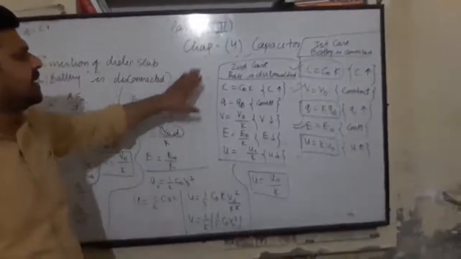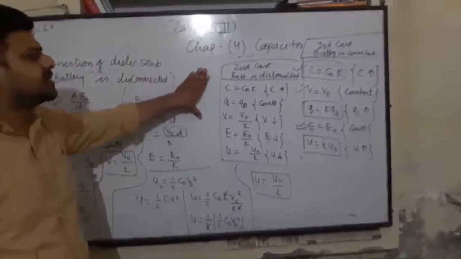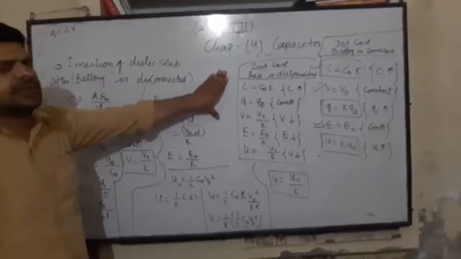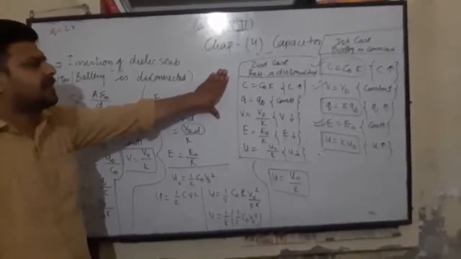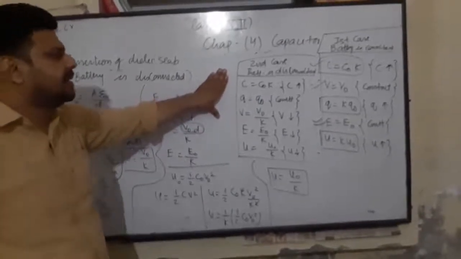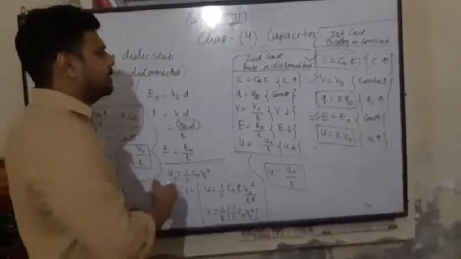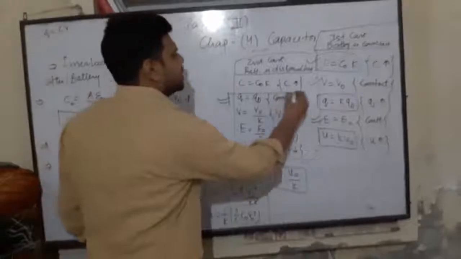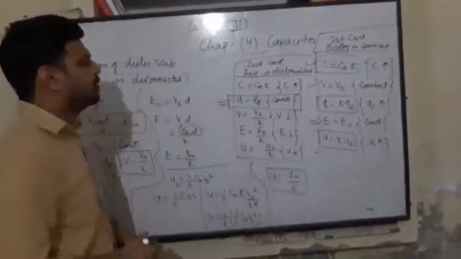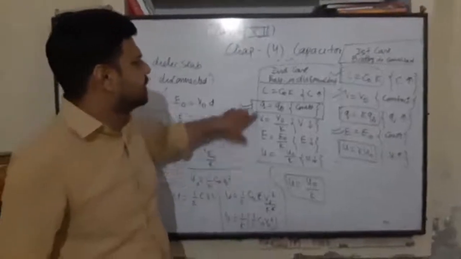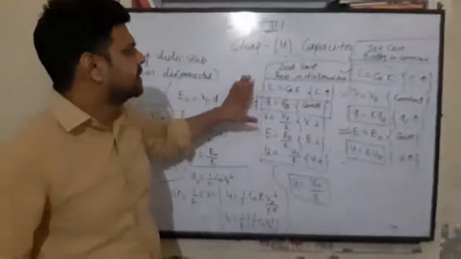But when we insert a dielectric slab after disconnecting the battery, the charge is constant, but all three parameters V, E and U decrease while C increases.